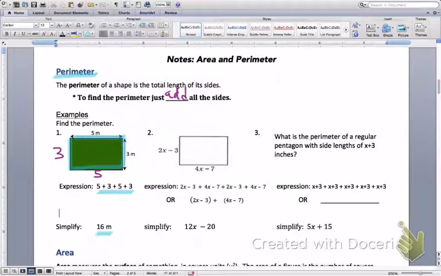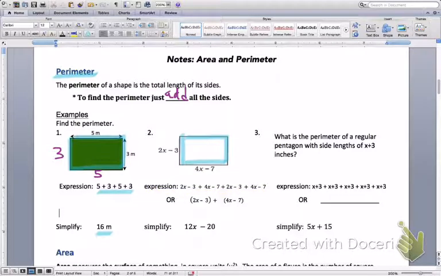So number 2, we have another rectangle. But this time, instead of having single numbers on the sides, like 5 and 3, we have actual expressions, 4x minus 7 and 2x minus 3. So it's the same thing. We write out our expression. For the expression, we're going to add the 4 sides. So again, this is my expression right here.